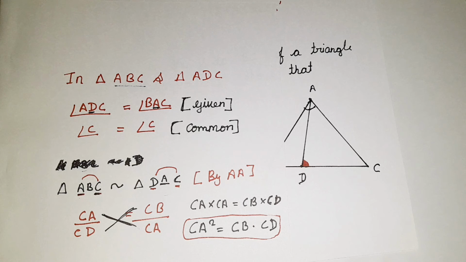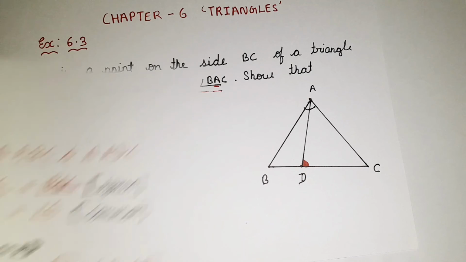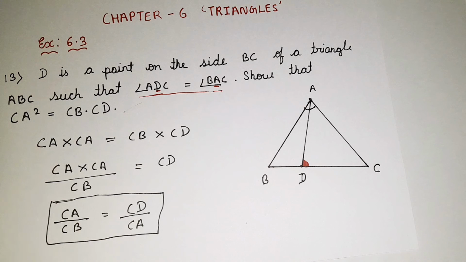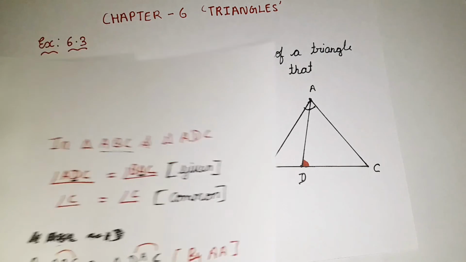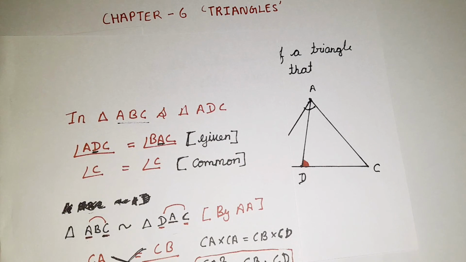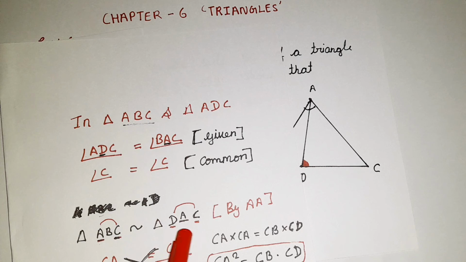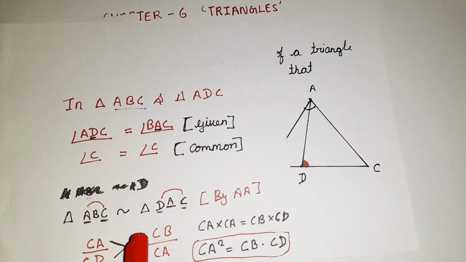Am I right? So please guys, when you look at the question, don't get tensed. You are supposed to extend if you get values like this. Please do that, then only you will be able to prove it is similar. Please guys, never commit mistakes right over here. If you commit a mistake, then your whole sum will be wrong.